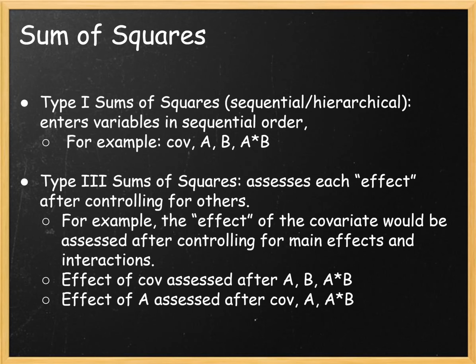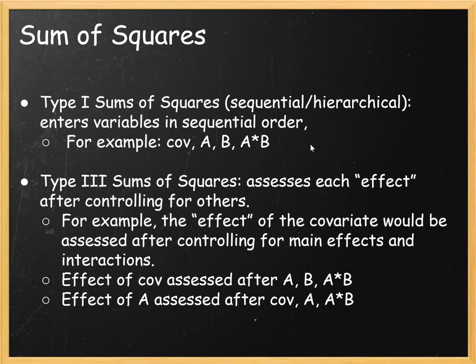So it makes a lot of sense to assess the relationship between the covariate and the DV first, right? And then to assess the relationship between a main effect and the DV, and if there's another variable, the second main effect and the DV, and then if there's a two-way interaction, the interaction and the DV in a sequential or hierarchical way.